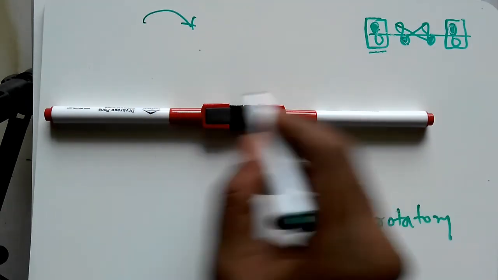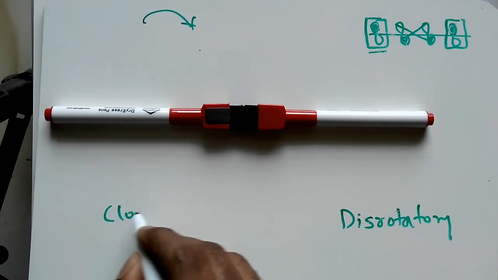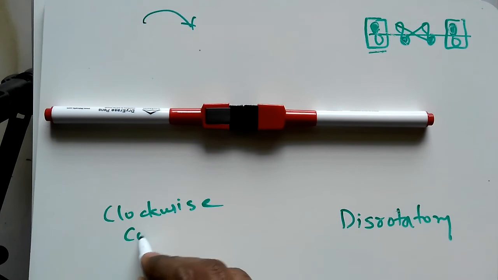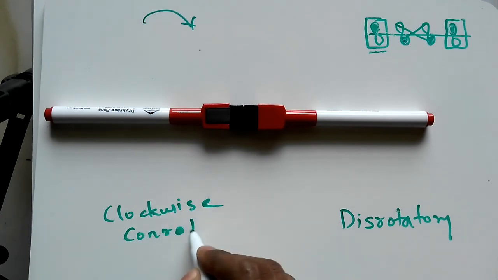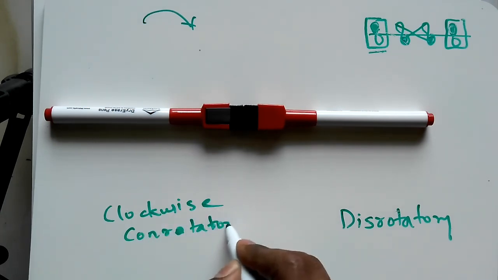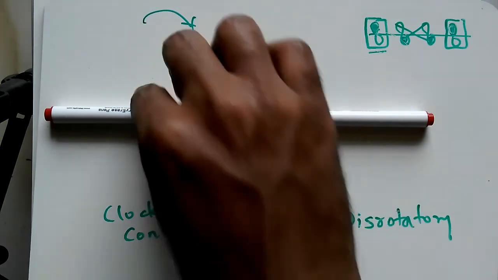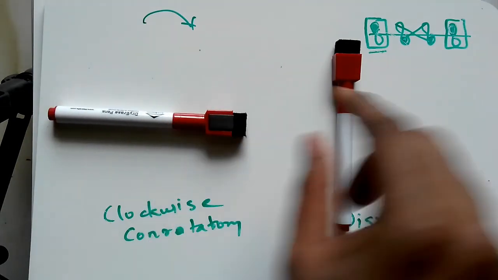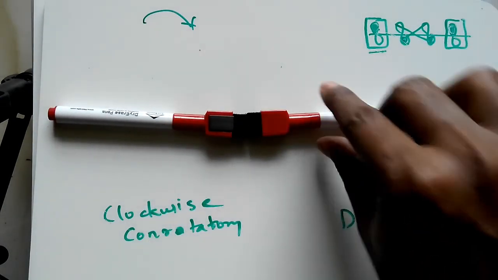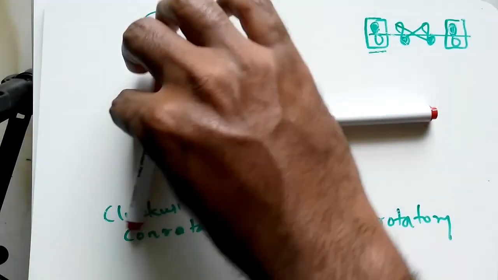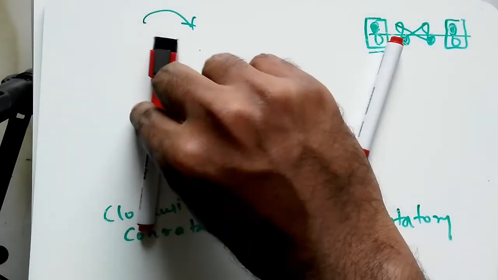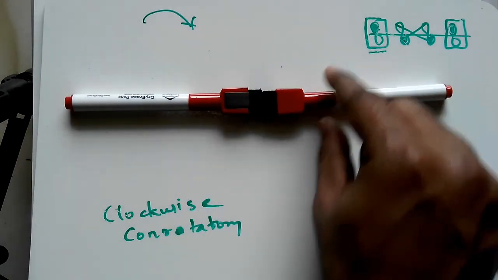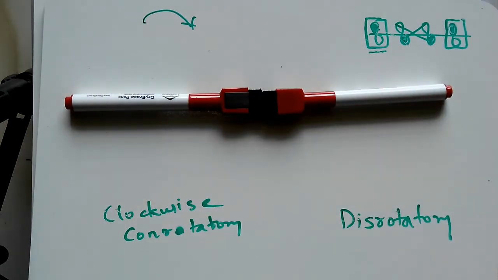So when both are moving in the clockwise direction, they are called conrotatory. I hope you understand. If one phase moves clockwise and the other moves anti-clockwise, it is disrotatory motion. If the phases are different and both move in the clockwise direction, the phases come together, and it is called conrotatory motion.